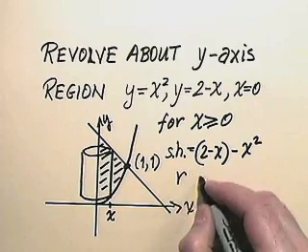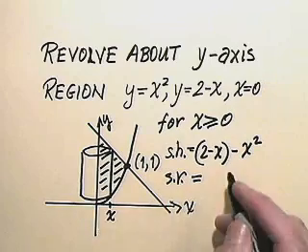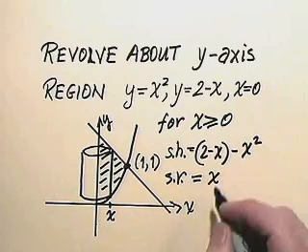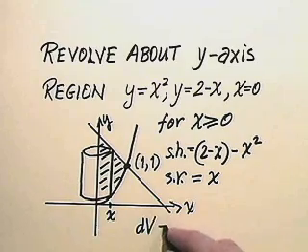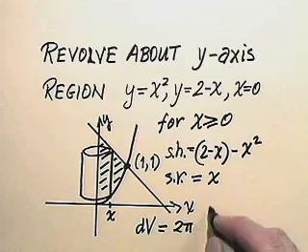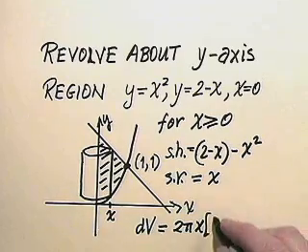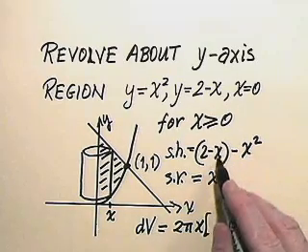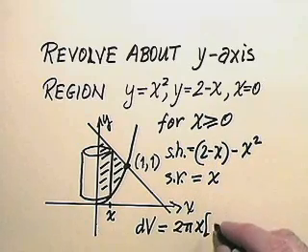And of course our shell radius, which I'll denote by SR, is just the x. And so consequently in this case, our dV is equal to 2 pi times the shell radius x multiplied by the shell height, which now has this more complicated formula, effectively 2 minus x minus x squared.